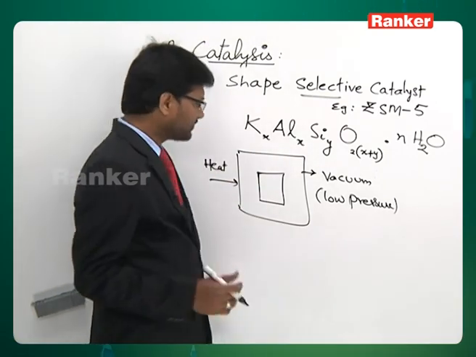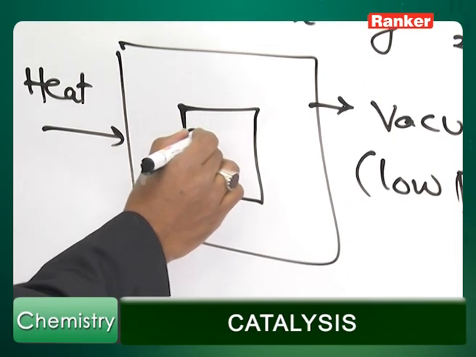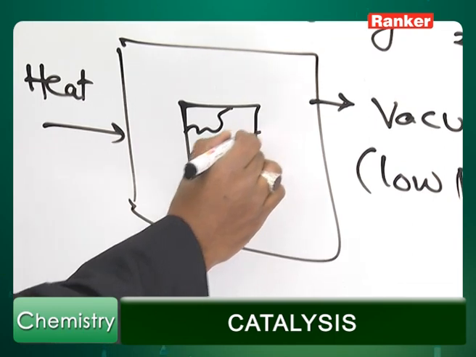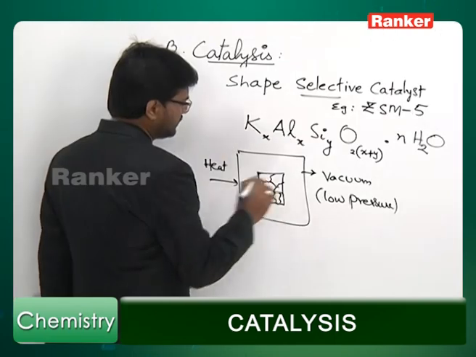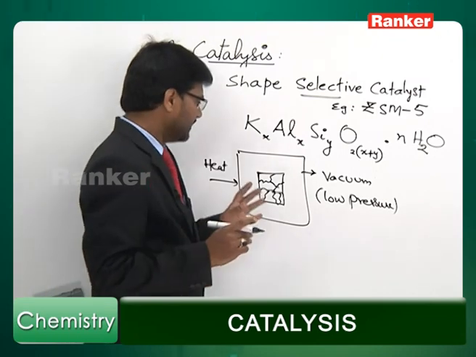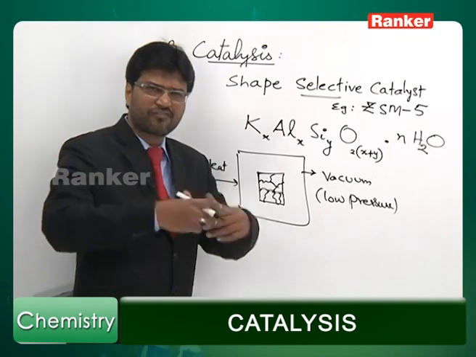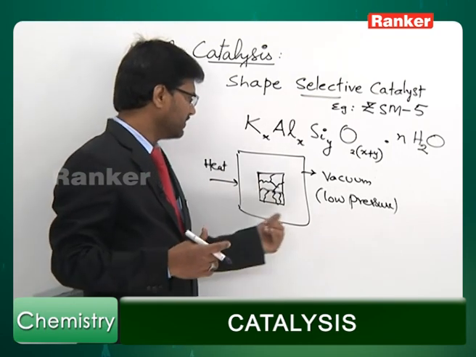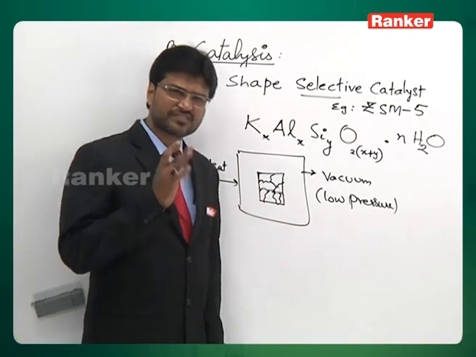When it loses water of crystallization, it becomes a porous mass. Several channels are formed here, so it becomes a porous mass. These are pores which are formed. It becomes microporous because of loss of water molecules from everywhere. The solid, compact solid now becomes a microporous substance.